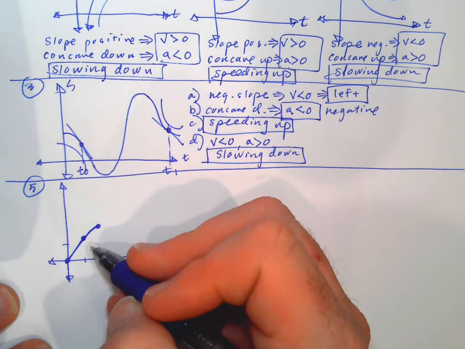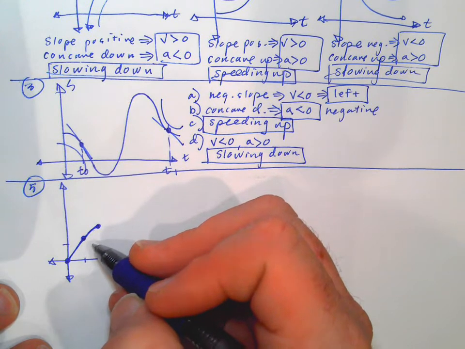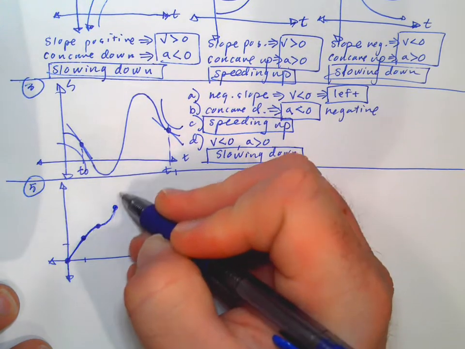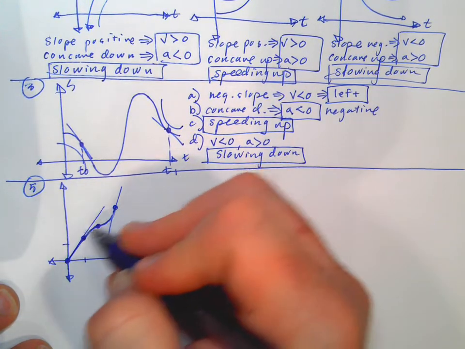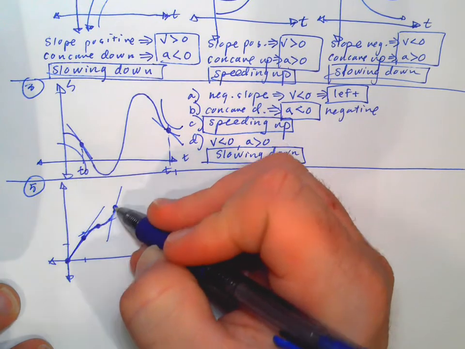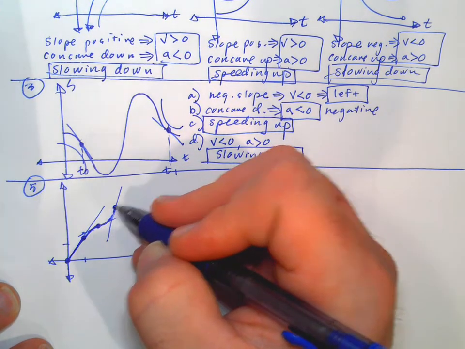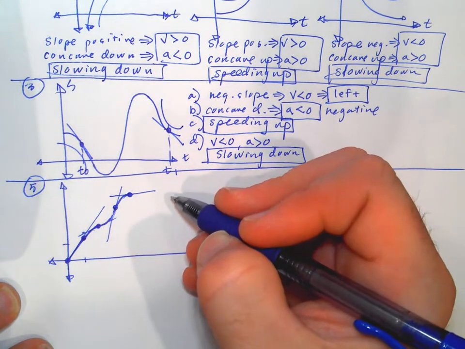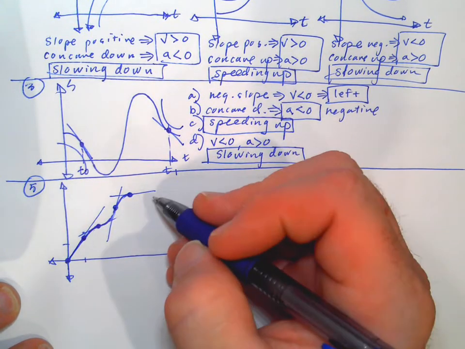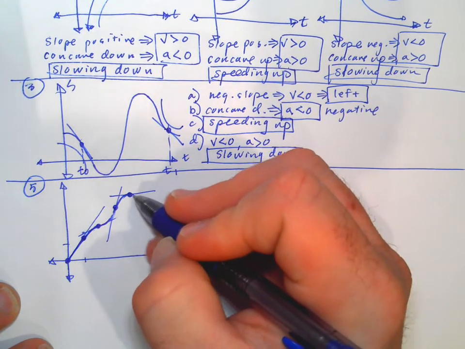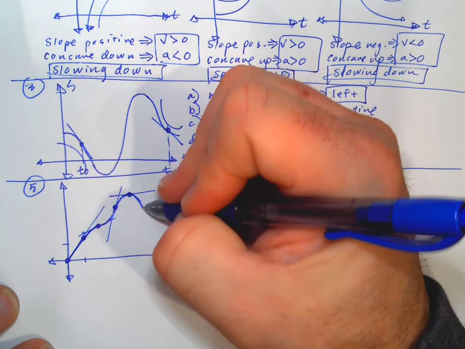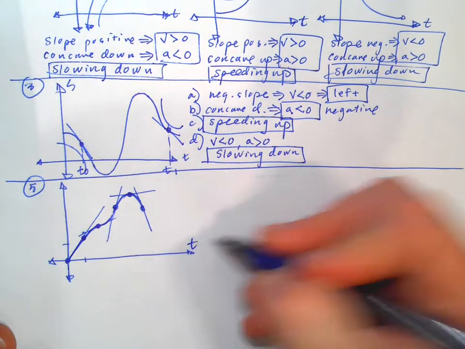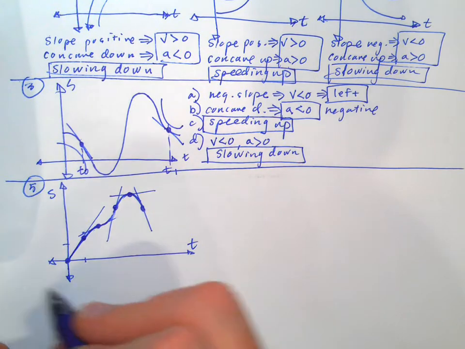Then it says, then quickly speeds up to 2.0, so that's going to be even steeper than that. Then gradually slows to a stop, so that's going to have a flat slope. But immediately reverses direction and quickly speeds up to 1.2. So reverses direction. So something like that. So that's number 5.